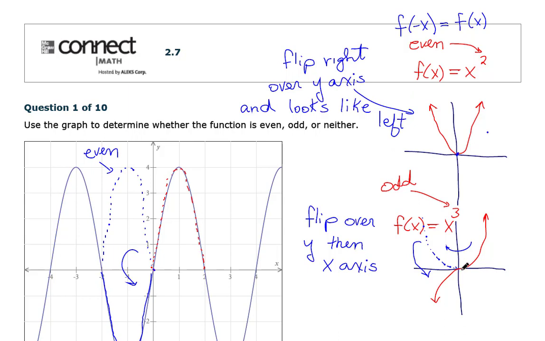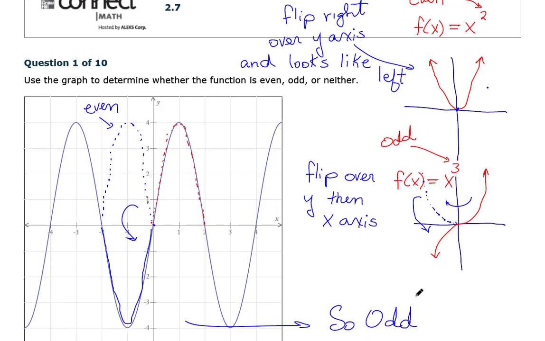So what this is saying is that f of the negative side looks like minus 1 times f of the positive side.